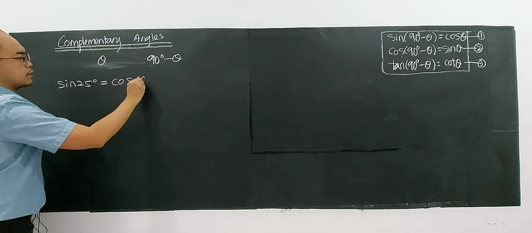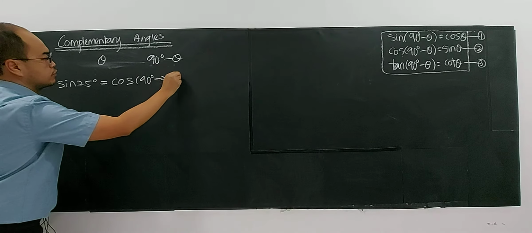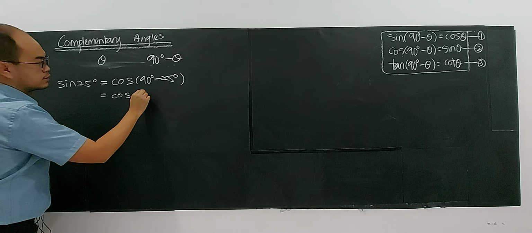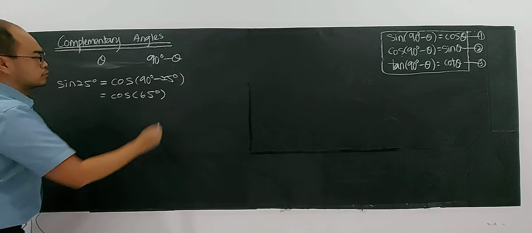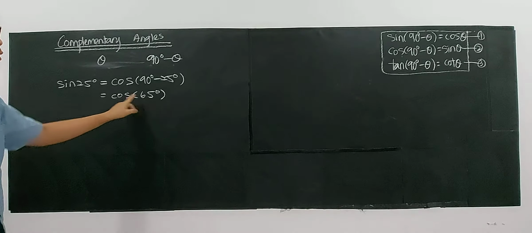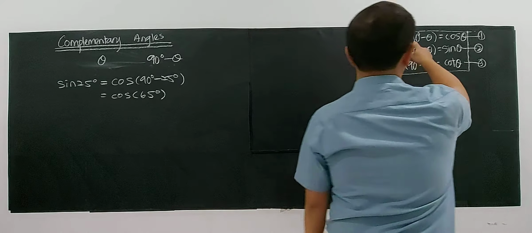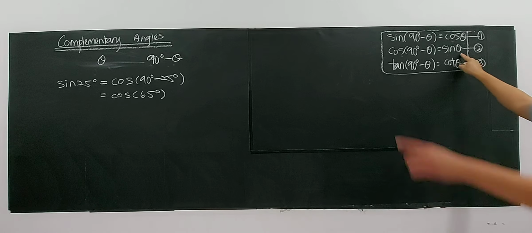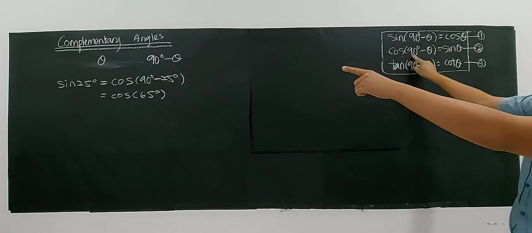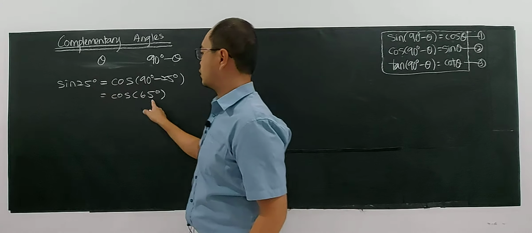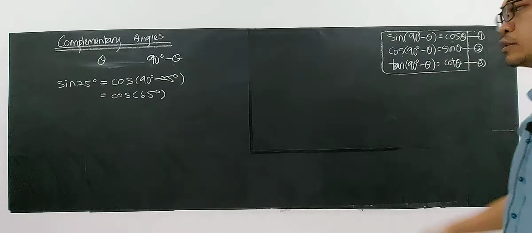So if you take 90 degrees minus 25 degrees, you get 65 degrees. So sine 25 is the same as cos 65, where theta here is 25. Based on the proving just now, this is always true.